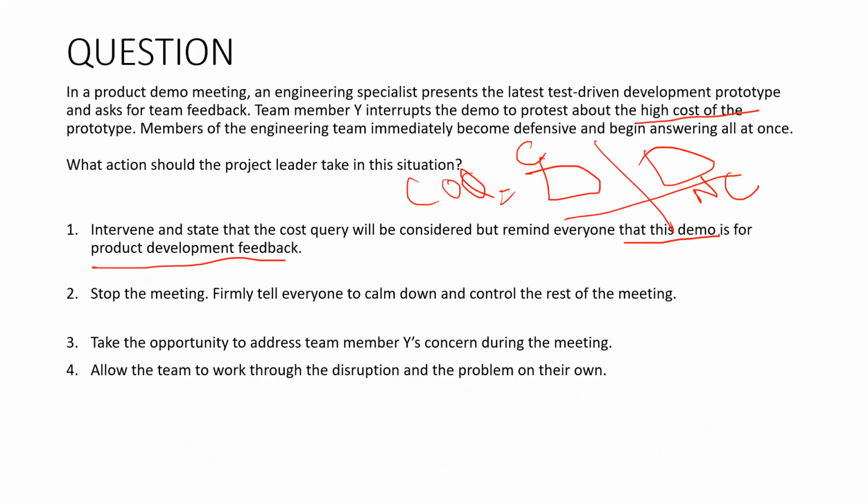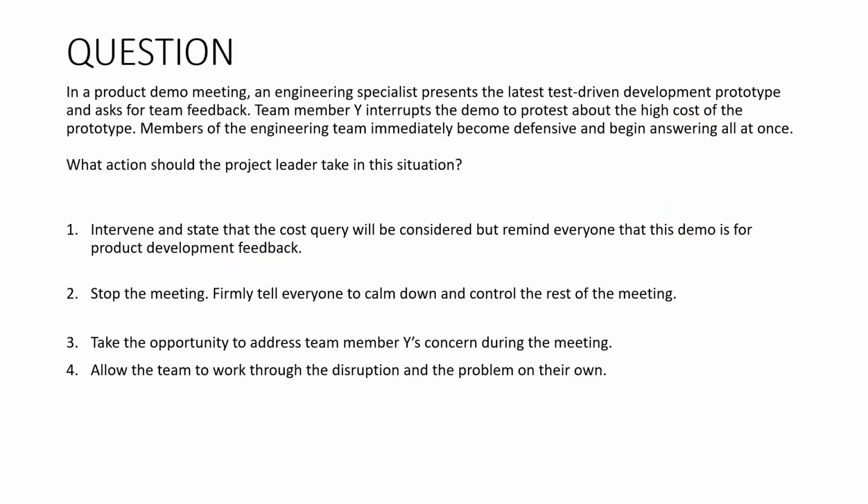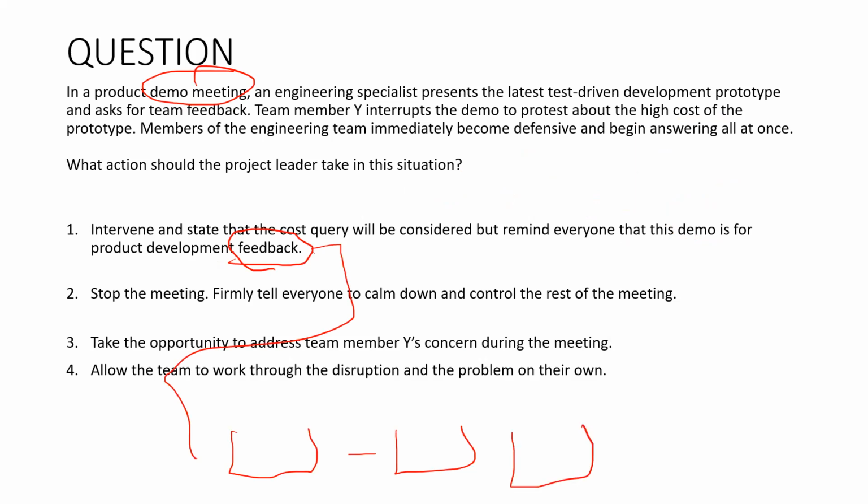So let us have the full feature product, and then we can decide whether to go with this one or not. Because a demo is done for the feedback. If you don't like it, we will take your new requirements and put them in the product backlog. Then this will be reprioritized. Then it will become the iteration backlog and so on.